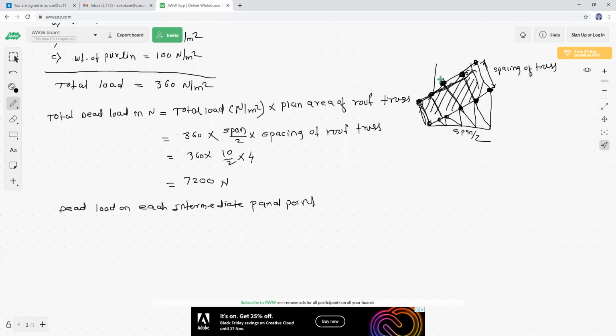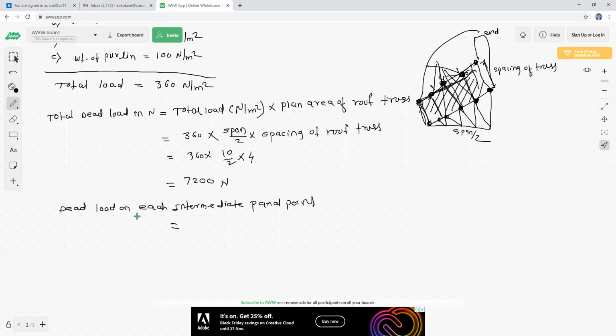So these all are the intermediate panel points, and these are the end panel points. Are you getting? So intermediate and end panel points.